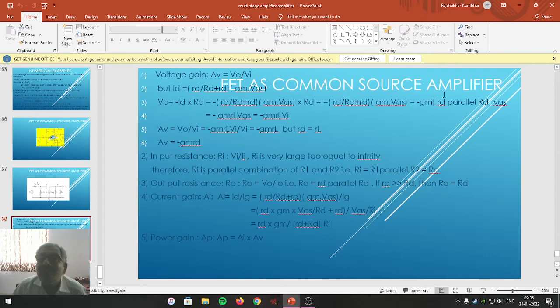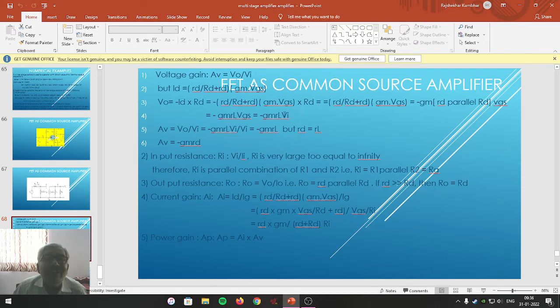So I replace rd parallel with capital RD by RL, and I get Vo equal to minus gm into RL into Vgs. But Vgs is the gate to source voltage, which is the same as the input voltage. So I can write it as minus gm into RL into Vi.